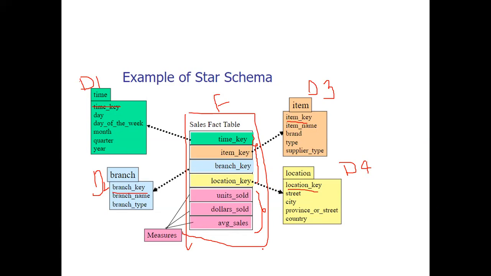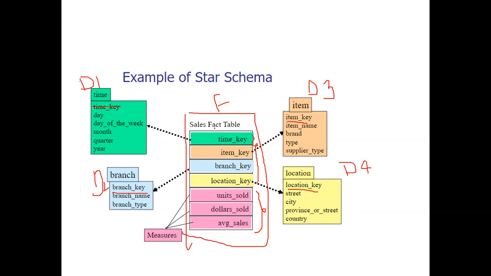Now, this gives me a clear idea whenever I want to analyze the data. Suppose I want to analyze 2010 first quarter, how much revenue or what was the average sale in the city of Hyderabad, right? What I will do?